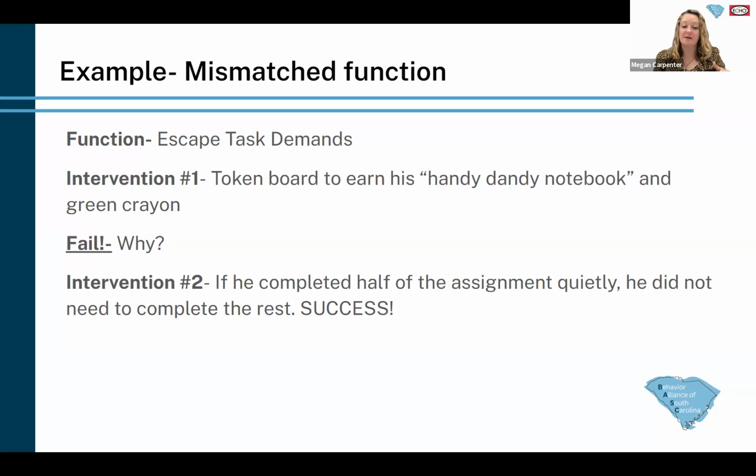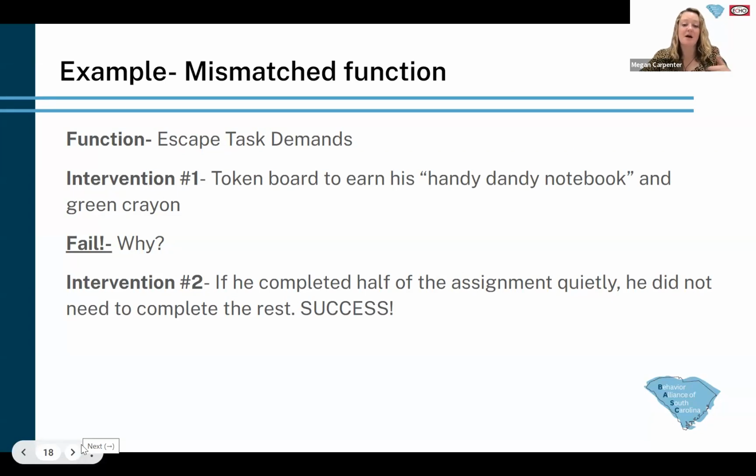So I relooked at the intervention and turned it around a little. Understanding that he was trying to escape the task, we came up with a plan that if he completed half the assignment quietly, he didn't have to do the second half. When I saw him working quietly, I would go over and cross off questions on his worksheet so he didn't have to complete the rest of those comprehension questions, for every question he answered quietly and correctly. This was a great success.